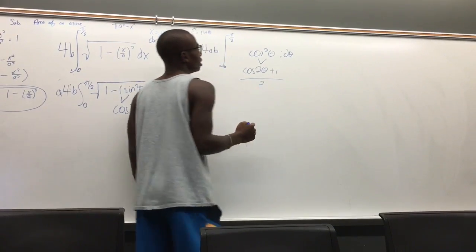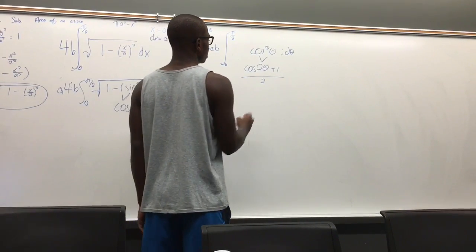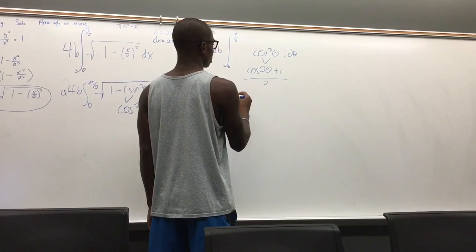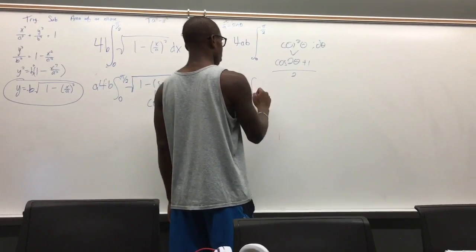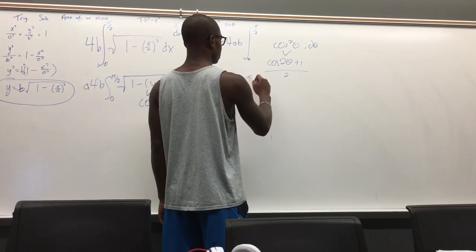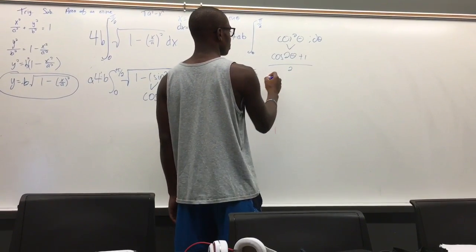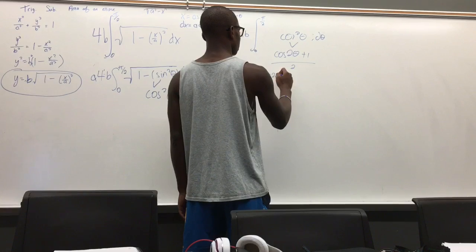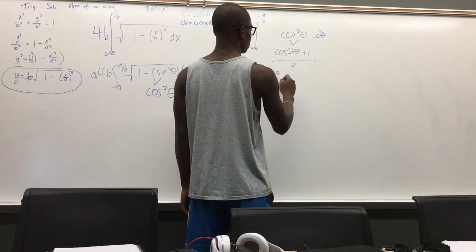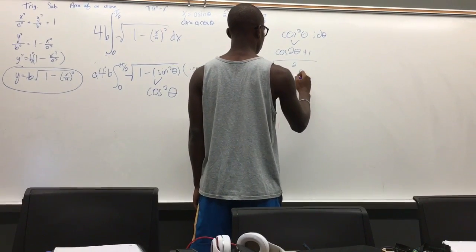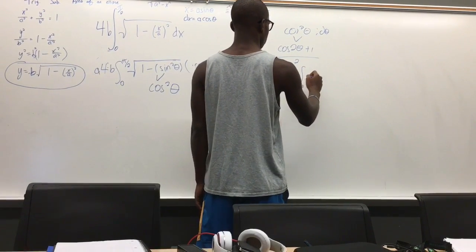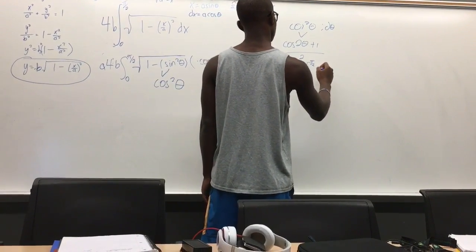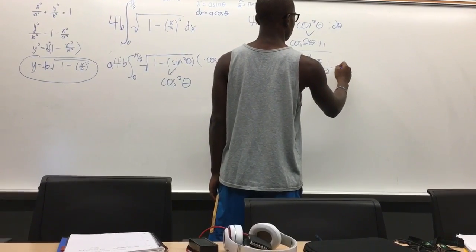And then you'll integrate this, and so what you'll get is the integral from 0 to pi over 2 of cosine 2 theta over 2 plus the integral from 0 to pi over 2 of 1/2 d theta.